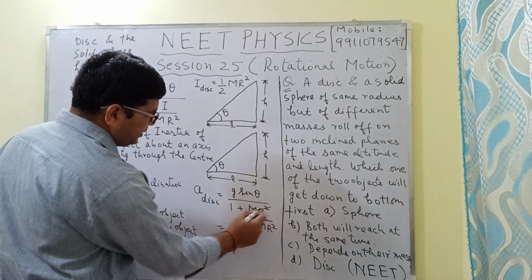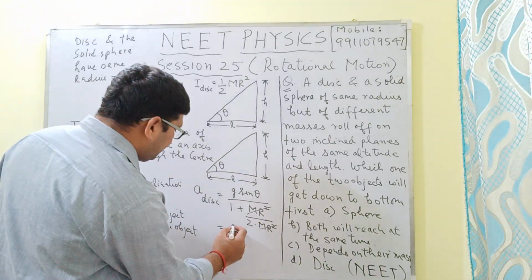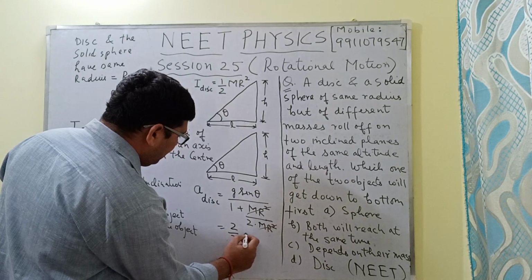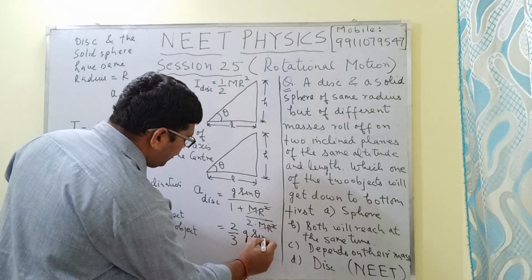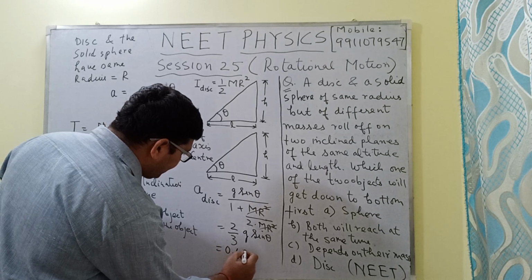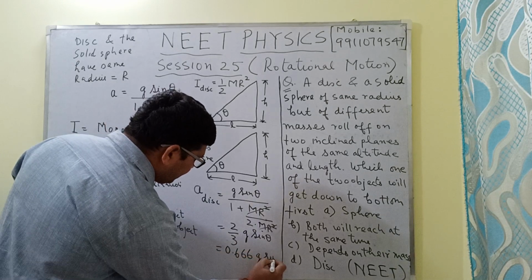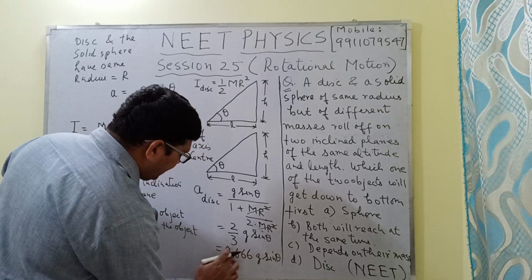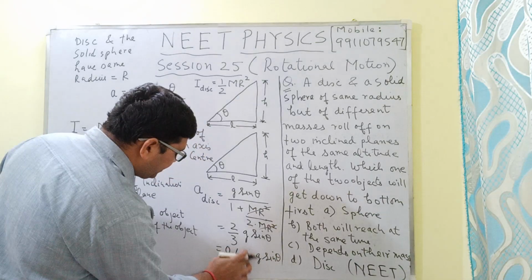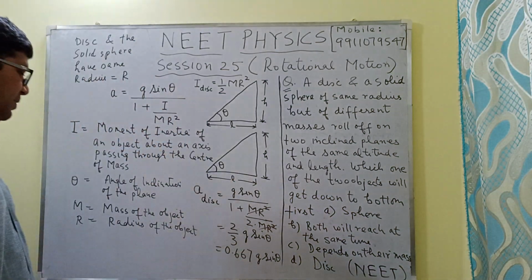This is equal to this mr square, and this will get cancelled out, and I will be getting 2 by 3 g sin theta, or we can write it as 0.667 g sin theta.